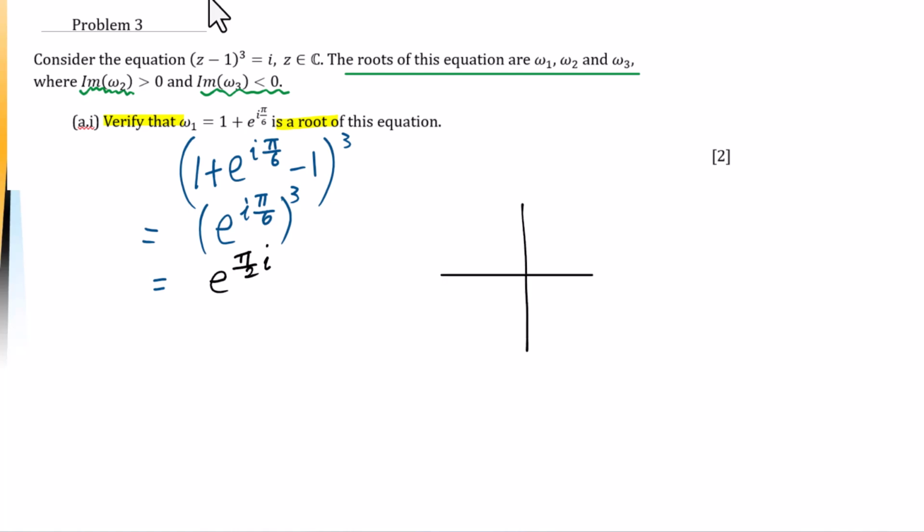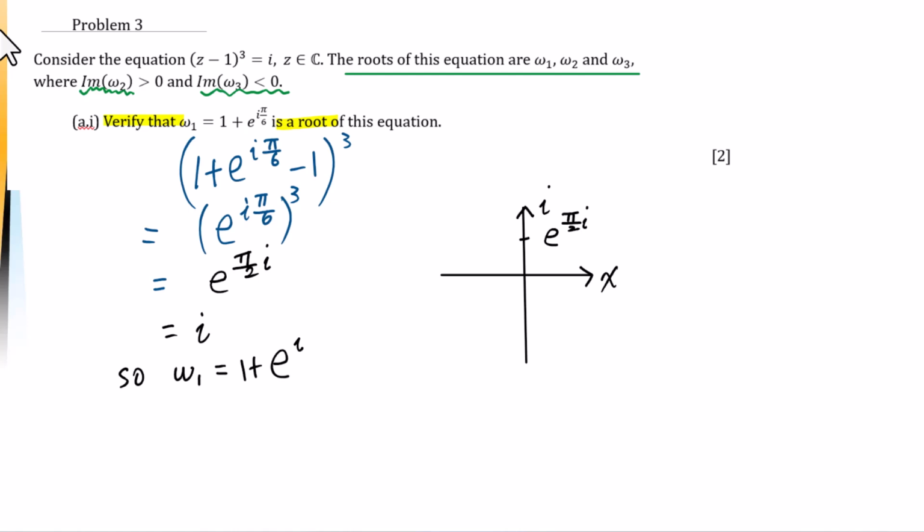Go to this Argand diagram. Here it's e^(iπ/2), so it equals i. So omega 1 = 1 + e^(iπ/6) is a root of this equation.